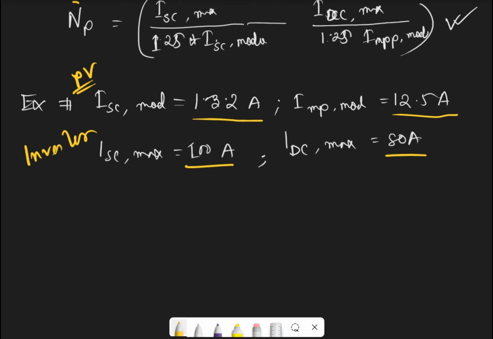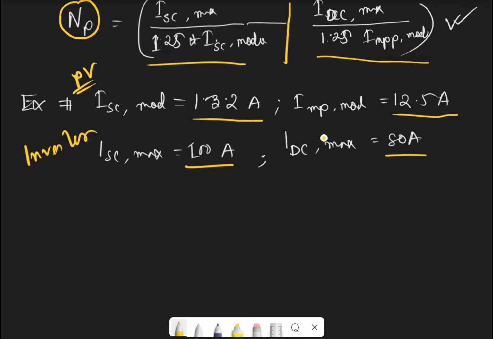So the number of PV modules in string, the parallel number, can be calculated. The first equation is this one, and then the second equation is this one.